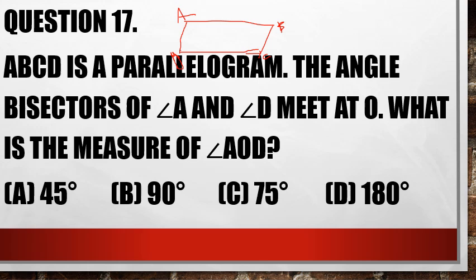Let us draw the bisector of this angle. Bisector means the line which divides the angle into two equal parts.